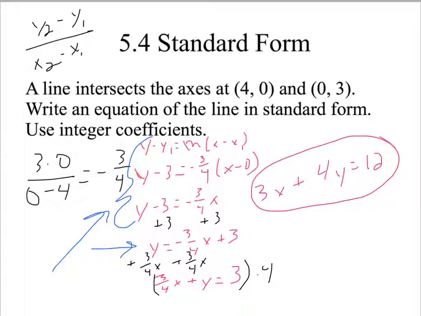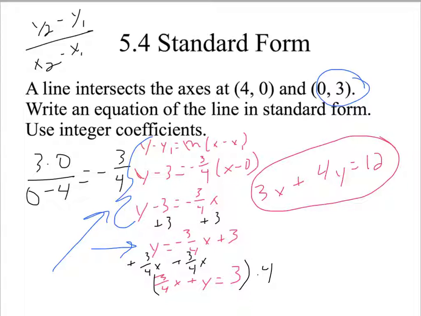The reason is, once we have our slope, which we found as negative 3/4, the directions actually give us our b. What does b stand for? Y-intercept. At the y-intercept, our x is always 0. So look at those directions and see, is there a point where x is 0 and it gives us our y-intercept?